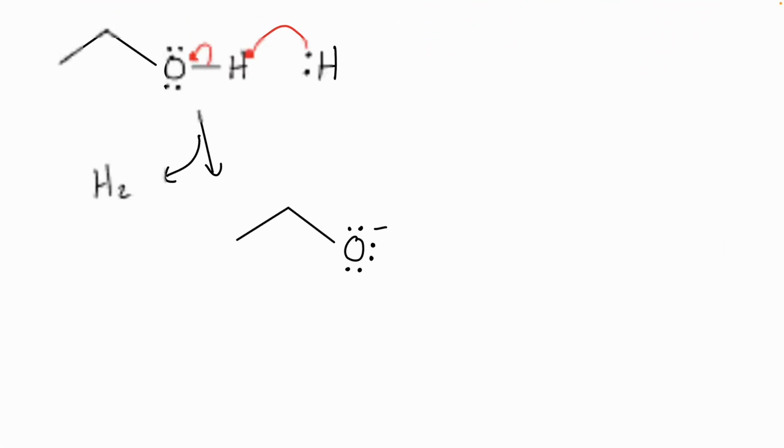You're going to hear me say this over and over again: this is what's called an alkoxide ion. Not a hydroxide ion, but there's an alkyl chain on it, a bunch of carbons and hydrogens, so it's an alkoxide ion.